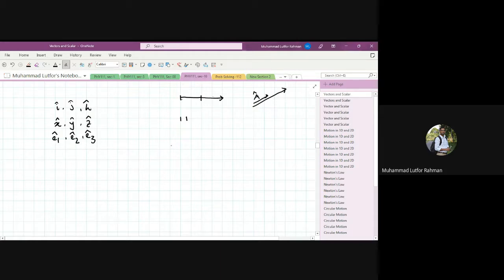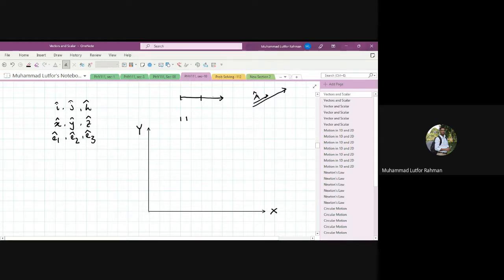Say for example, I have a vector in the two-dimensional case. I'll first talk about the two-dimensional case, then I will extend that idea to the three-dimensional case. Say this is my Cartesian coordinate system, x and y axis.